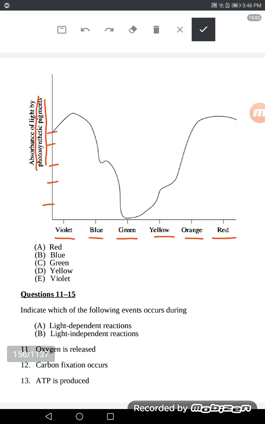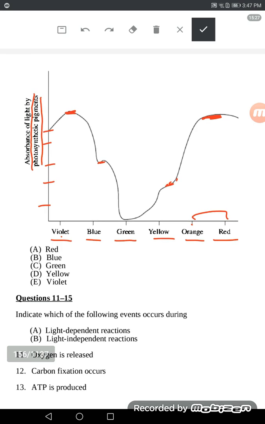What we can see is that the violet color is at the top, the most absorbed color, and also we have orange and red. As we can see, they are also at the top in their absorption rate, so they are absorbed in large amounts, while blue is also absorbed in this amount and yellow is absorbed.